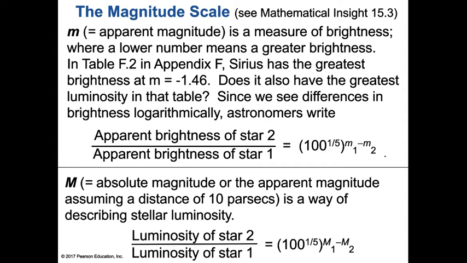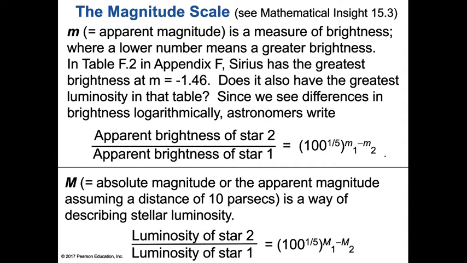What this tells us is that the brighter the object, the smaller the apparent magnitude. And the more faint the object, the larger the apparent magnitude. So again, the sun's apparent magnitude would be negative 26.7 because it's pretty bright.